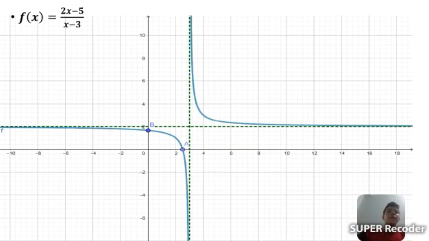To graph, asymptote, line, points, coordinates A, B.